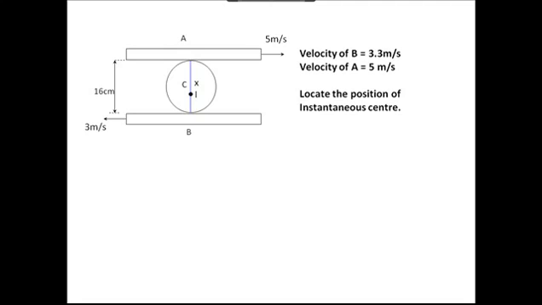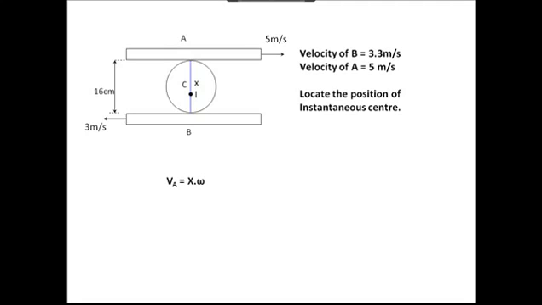Let's say it lies at I, and the logic is that it has to lie between A and B, because if it lies below, then both plates have to move in the same direction. Since both plates are moving in opposite directions and the cylinder has to rotate clockwise, the instantaneous center has to be somewhere on the line AB within the cylinder. Once we agree to this, we write V equal to R omega.